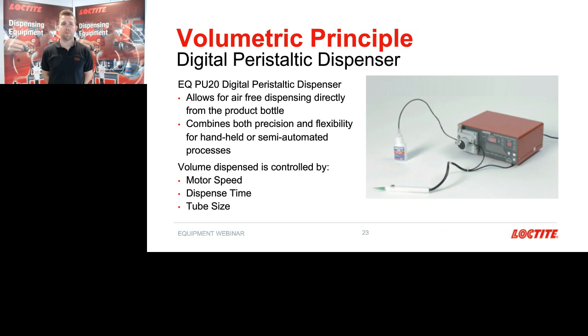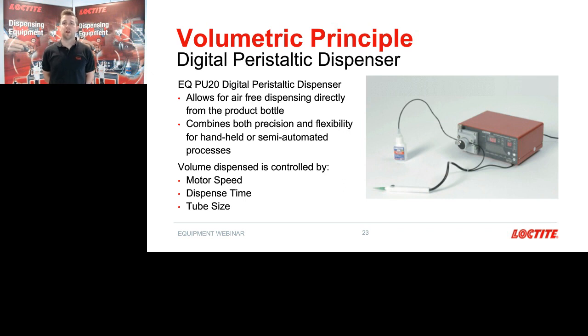And this unit will combine both precision and flexibility for handheld or semi-automated processes. Now, what we mean by that is that you can see from the image that the original product container is there, and we have the product tube passing through the neck of the container, and the adhesive then is drawn out of the container through the tube and over a set of rollers down towards a dispense pen with a nozzle on it.